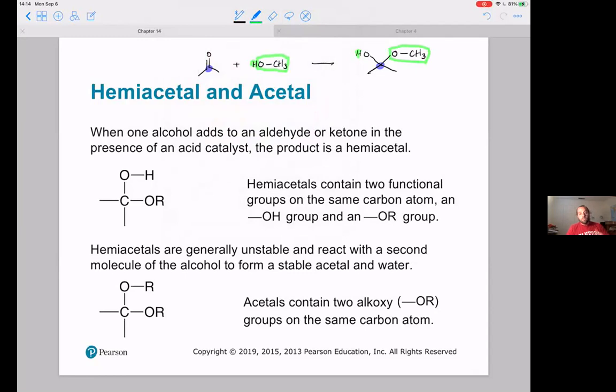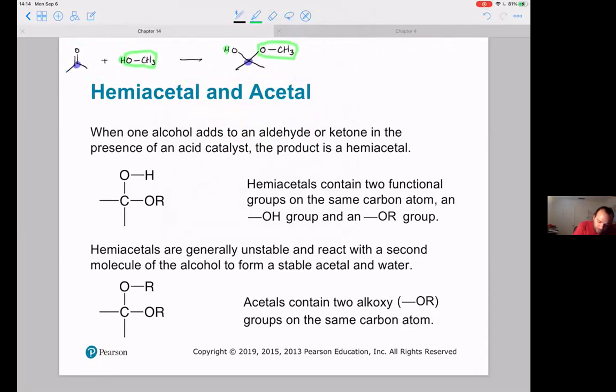After the addition of one alcohol, you have what's called a hemiacetal.